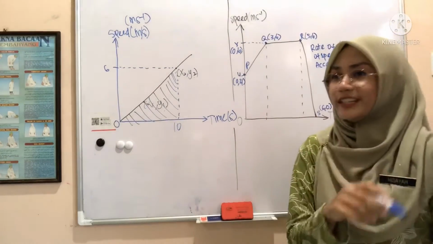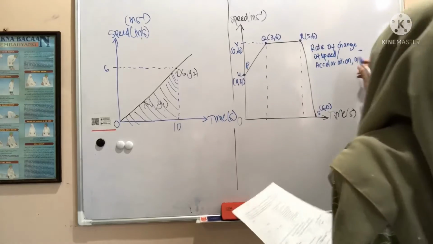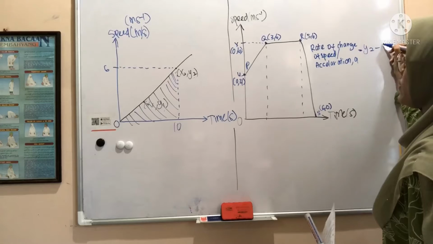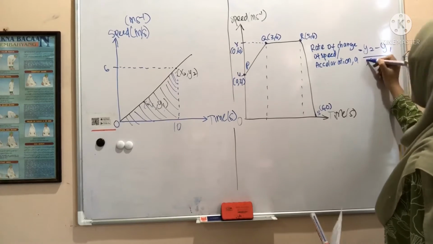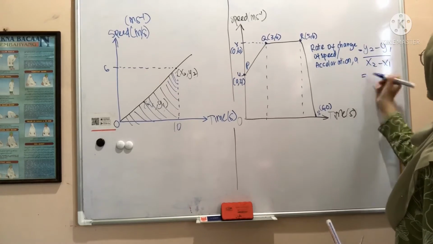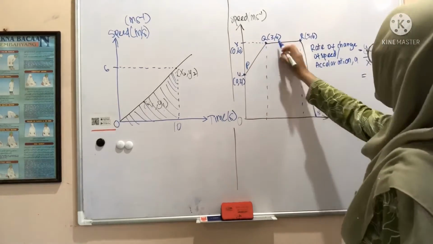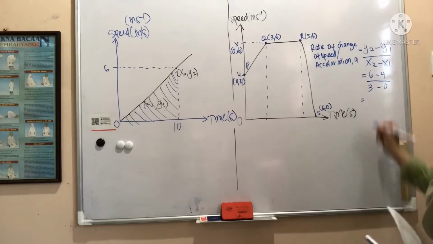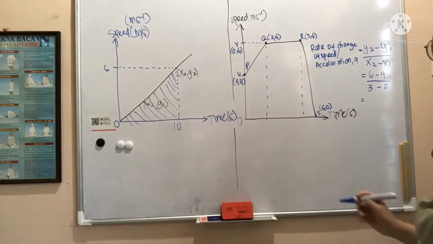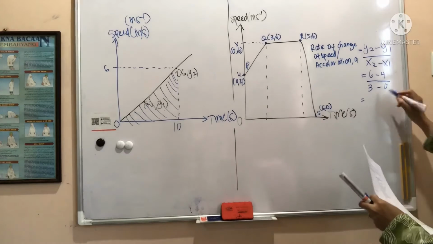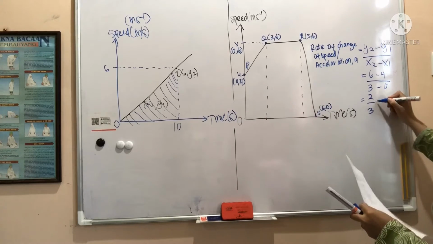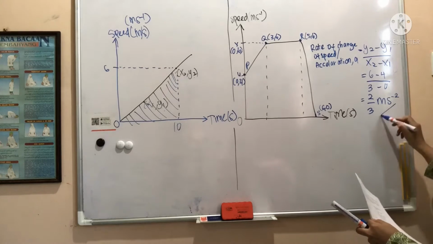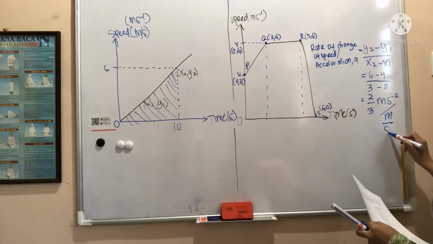And in Form 4 also we learned. So I will calculate it. The upper part is y2, which is 6, minus y1, which is 4, and the lower part is x2, which is 3, minus x1, which is 0. So can you calculate for me? Alright, good. It is 2 over 3 m s^-2, or m over s squared.